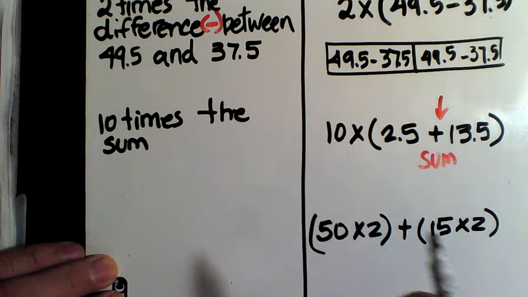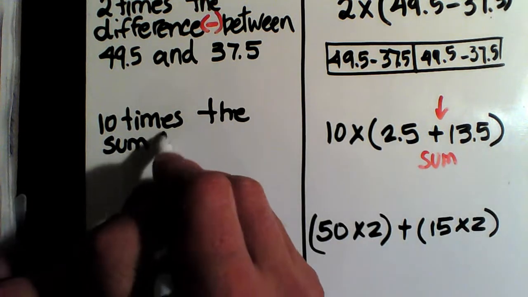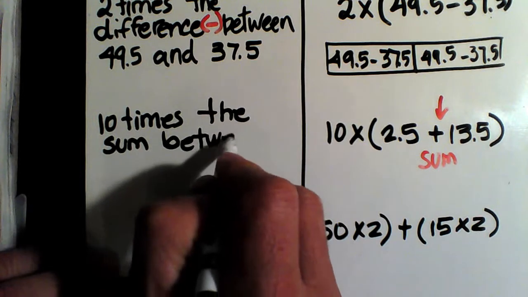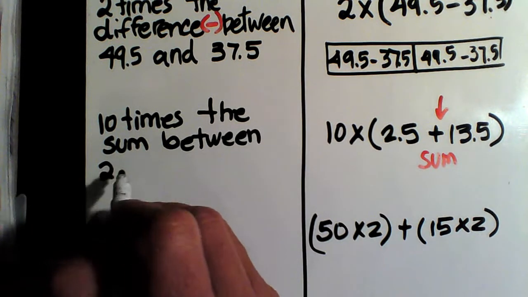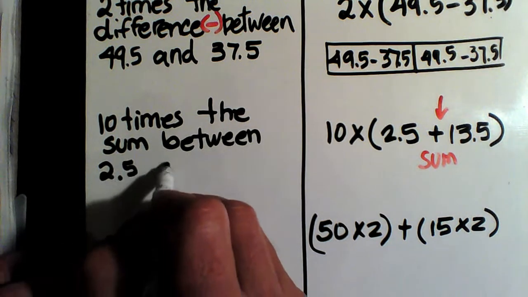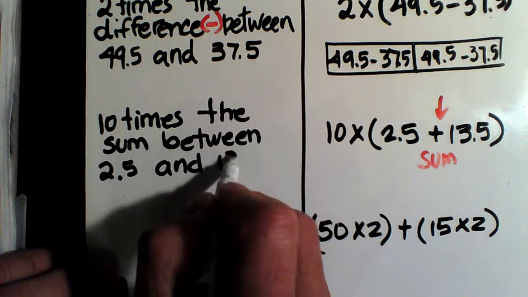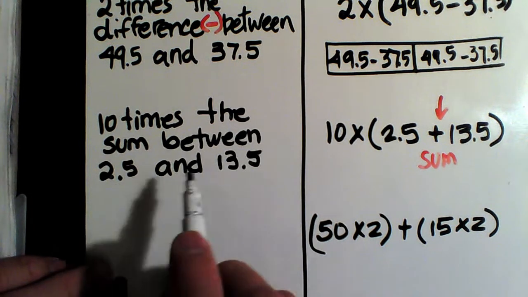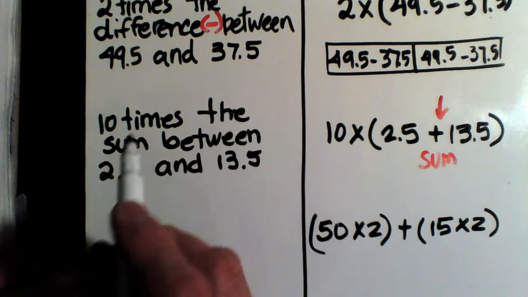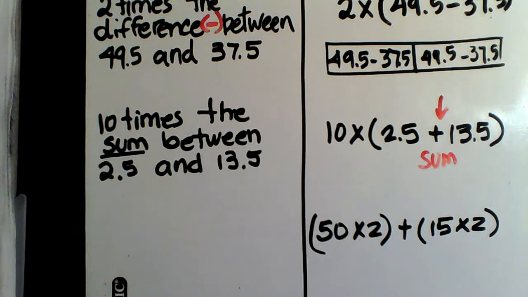So you have to add two numbers, right? So the sum between, and then you write the numbers in the parentheses, between 2.5 and 13.5. Notice that I did not say 2.5 plus this, because we already said it when we used the word sum.